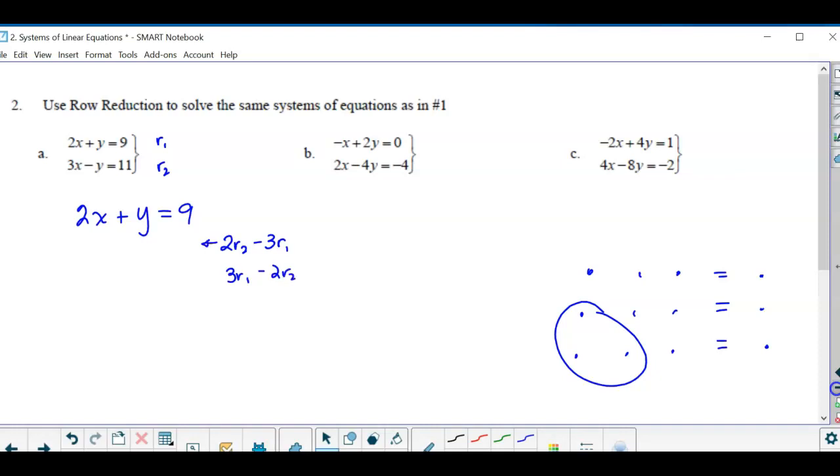So if I do 2 times row 2, 3 times 2 is 6x, minus 3 times 2x is 6x, so that's 0. Same thing for the next. 2 times -1 is -2, minus 2y, minus 3y is minus 5y. And then 22 minus 27 is -5.